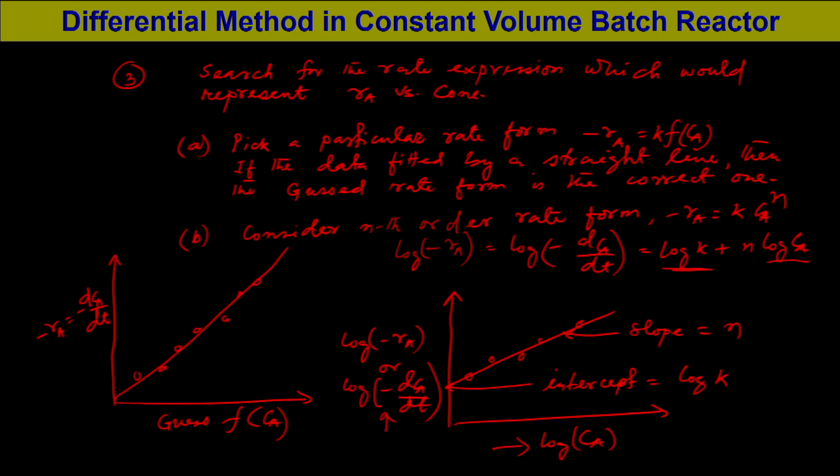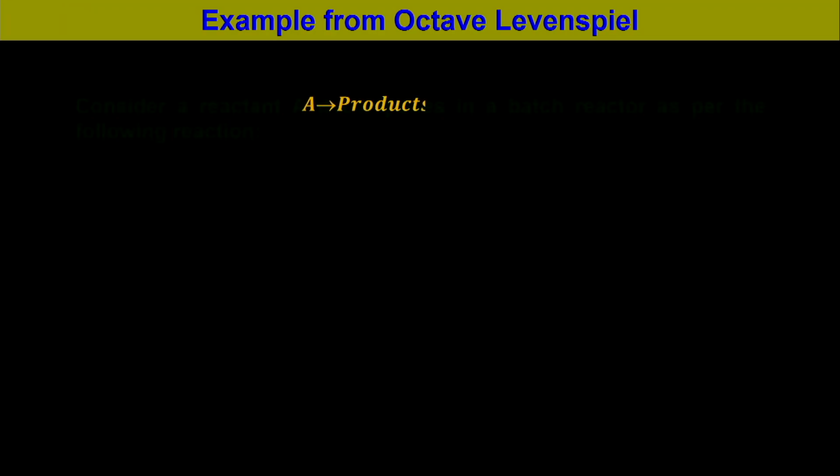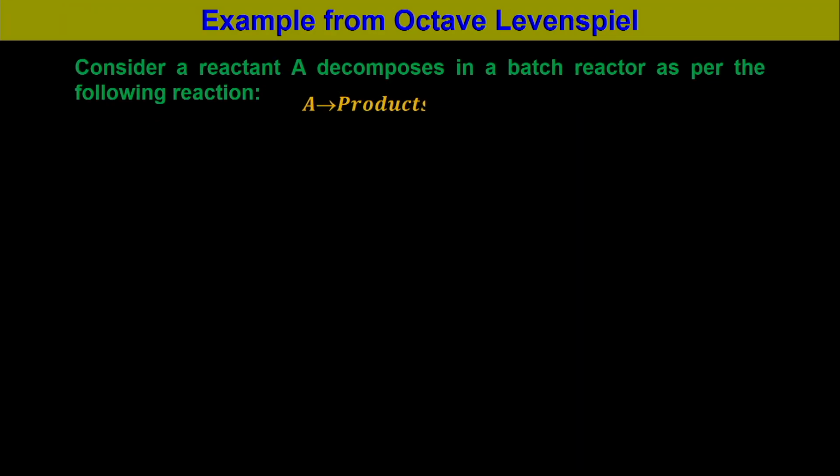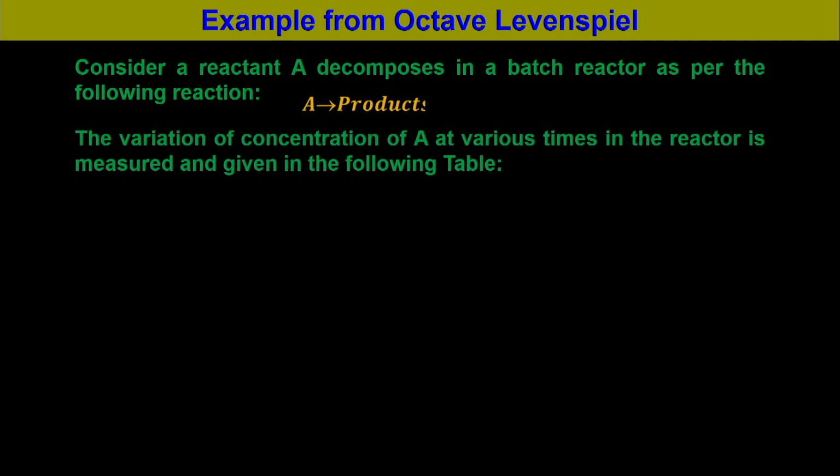So, let us take an example, the same example which we have considered for the batch reactor data analysis by integral method. If we consider the same example from the Levenspiel, consider a reactant A decomposes in a batch reactor as per the following reaction, A to products, and the variation of the concentration of A at various time in the reactor is measured and given in the following table.